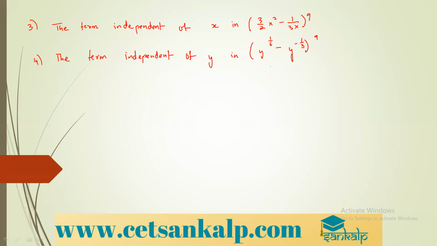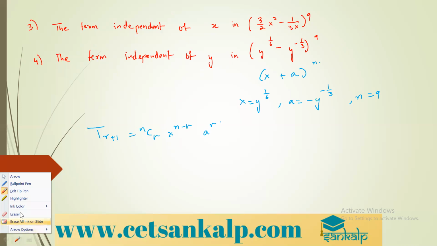So this is x plus a whole power n. That means x is y power 1 by 6. a is minus y power minus 1 by 3. The power n is 9. The general term formula is T r plus 1 equal to nCr x power n minus r a power r.